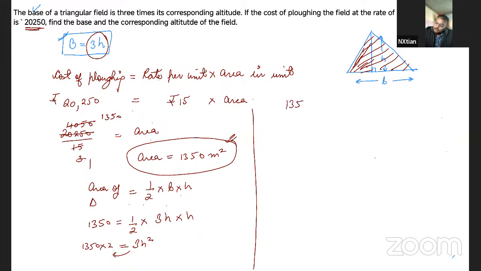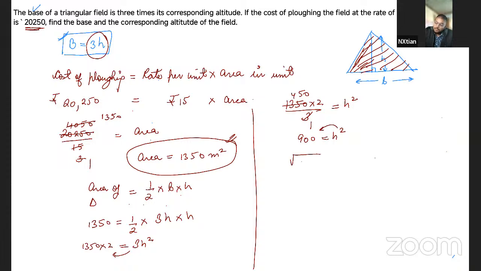1350 into 2 divided by 3 is equal to h square. Now 3 ones are 3, 3 fours are 12, and then 3 fives are 15, and it will become 900 is equal to h square. Now this h square will go to the other side and it will become root.